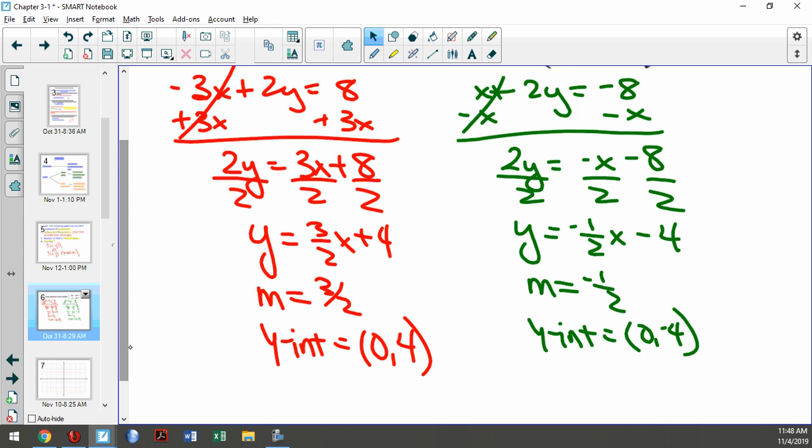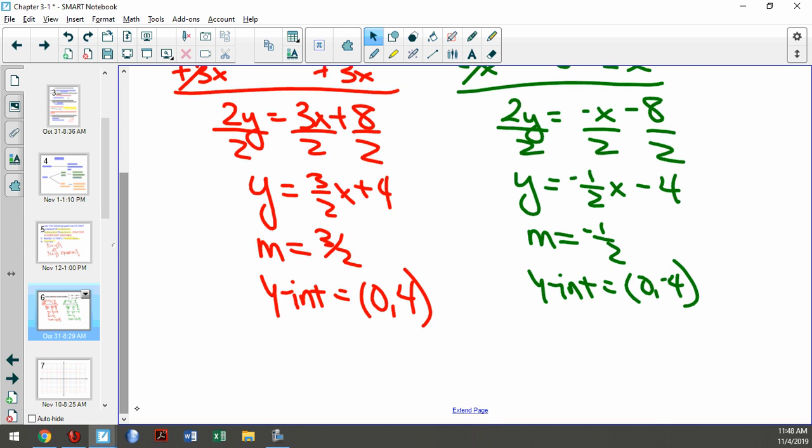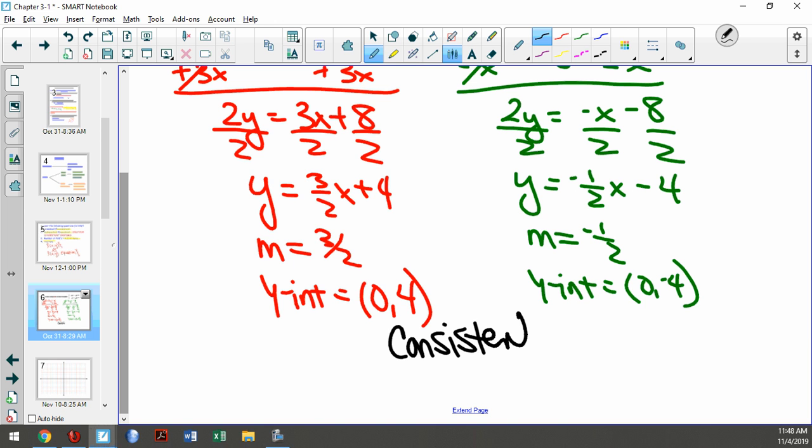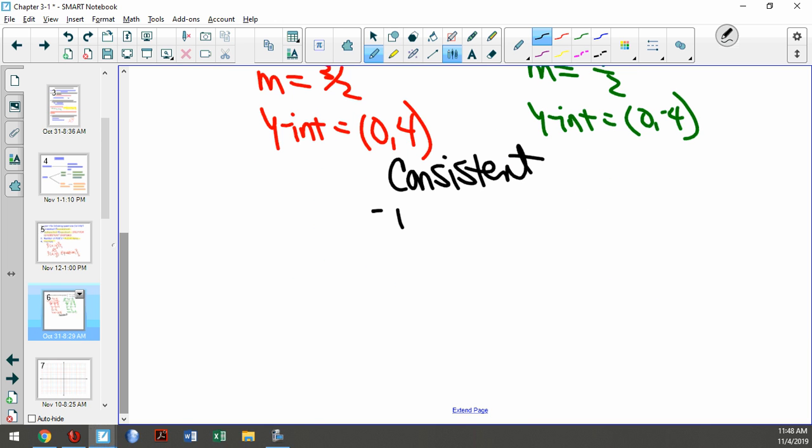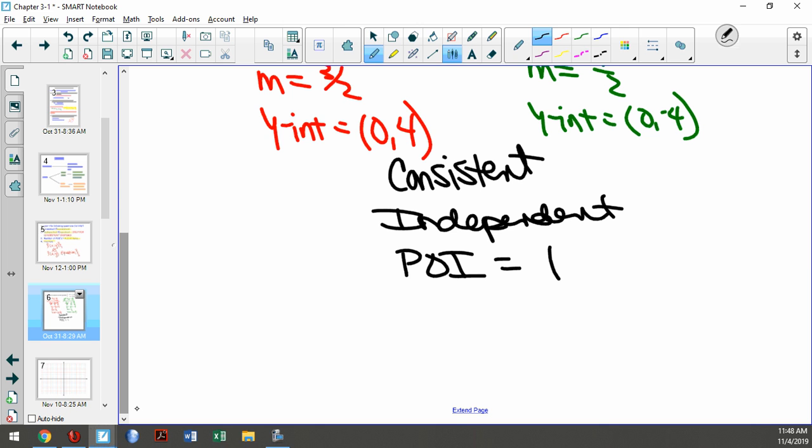Do we all understand that? So that's what I need your brain to go ahead and say. Okay, they're a consistent system. Consistent means I am actually going to cross, and I'm independent, meaning I'm going to have only 1 POI. And then we're going to physically find that POI graphically. So are you ready to do that?